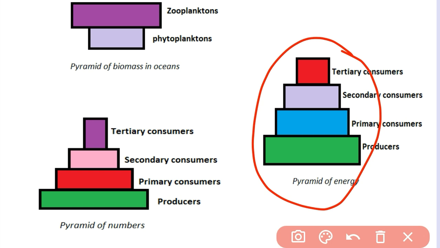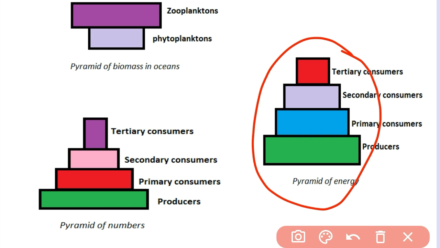The pyramid of number is not always upright. For example, the pyramid of number is inverted in the case of a parasitic food chain and a forest ecosystem. Pyramid of number represents the number of organisms at each trophic level. It is usually upright except in some situations like the detritus food chain, where many organisms feed on one dead plant or animal.